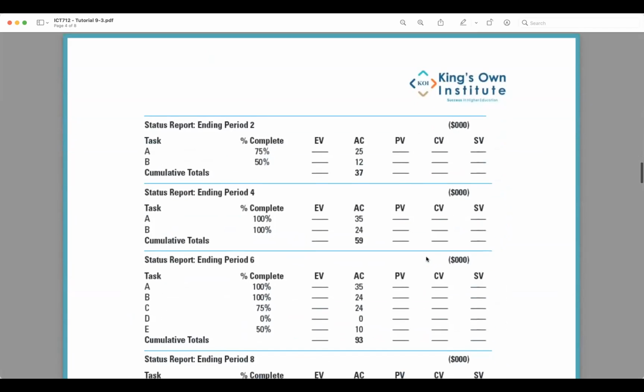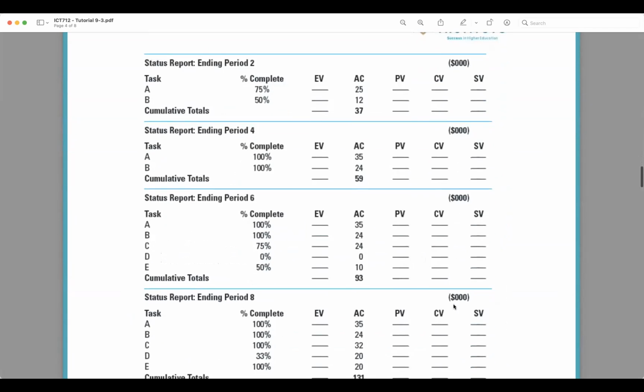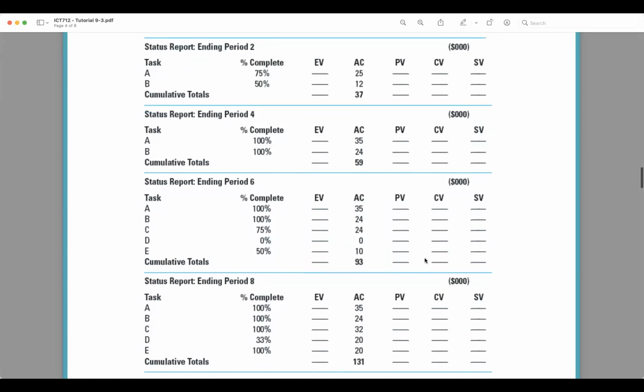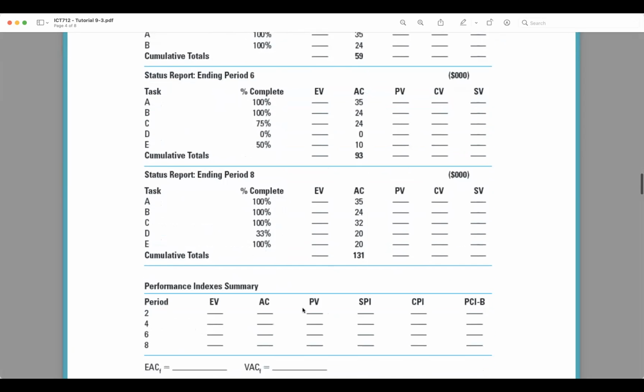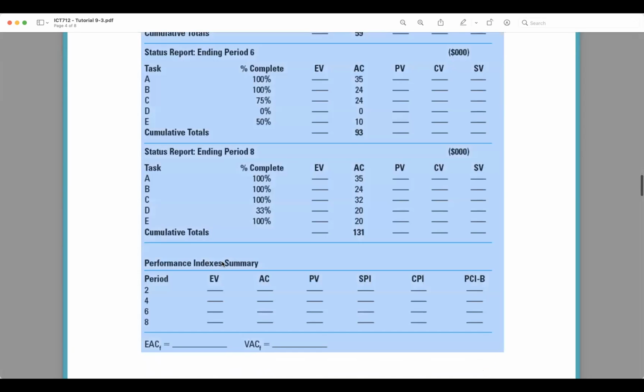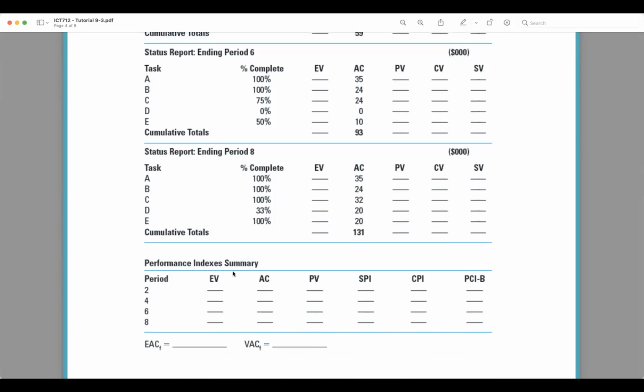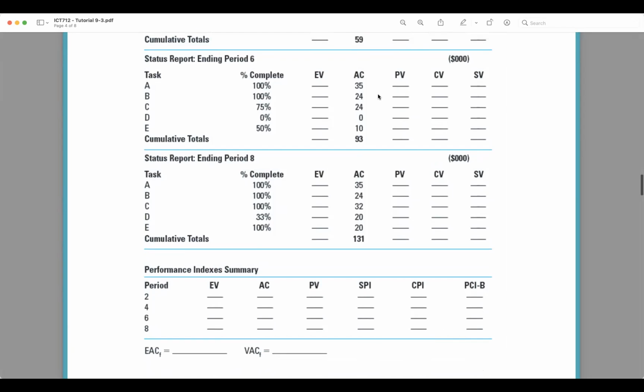Try to complete this quicker than the earlier one, because this has one extra thing you need to do, which is calculating the performance index. It has EACF and VACF, but we haven't given you the formulas for these yet. So just hold off on these last two.